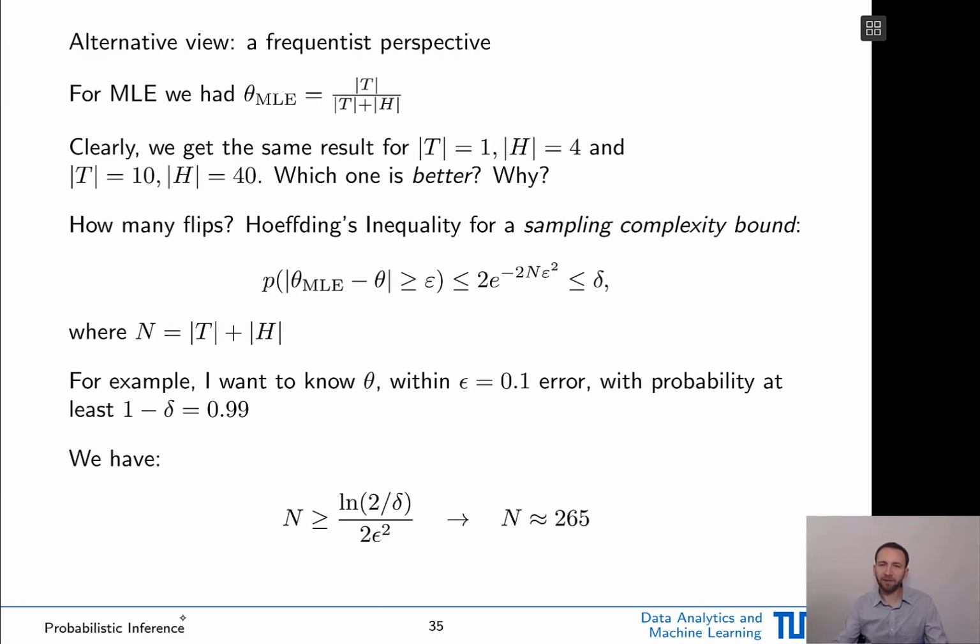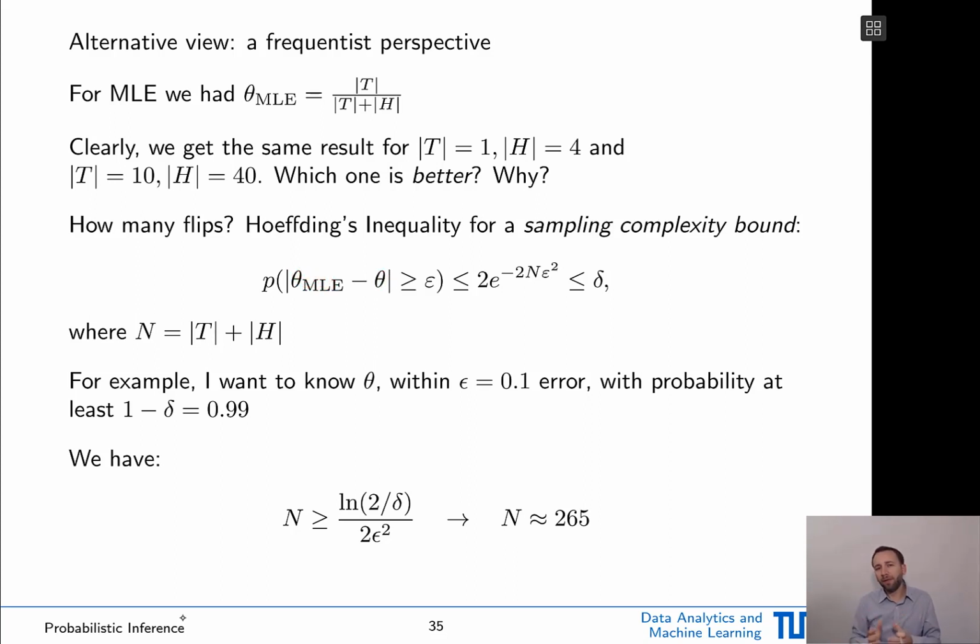For example, we can use a specific concentration bound, or here we can use a so-called Hoeffding inequality. It's a Hoeffding inequality, again, just open a standard textbook. Here instantiated to our setting, it tells you the probability that the maximum likelihood estimate, which we derived, differs from the true theta, right?